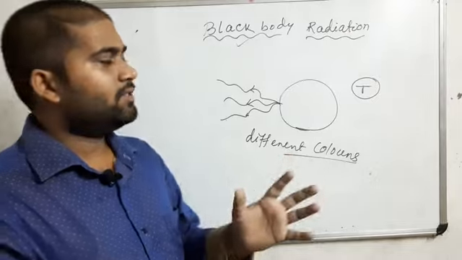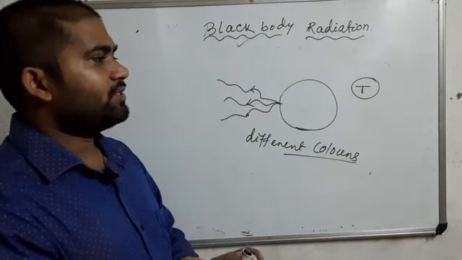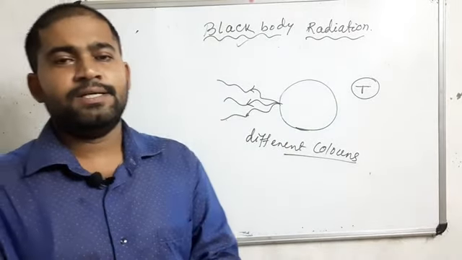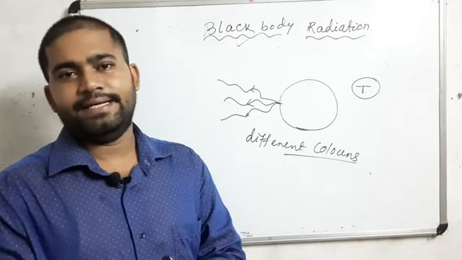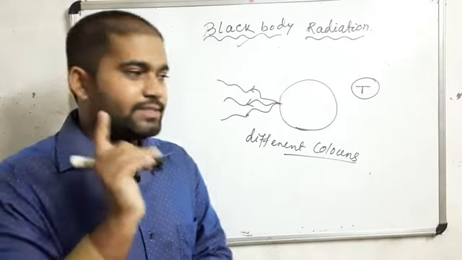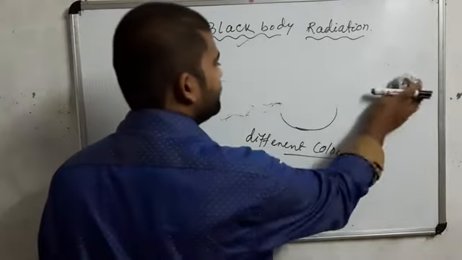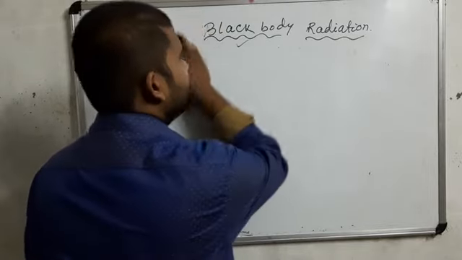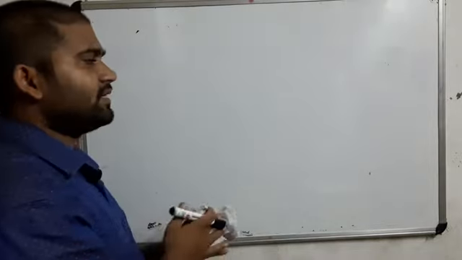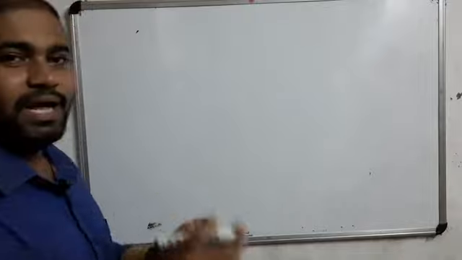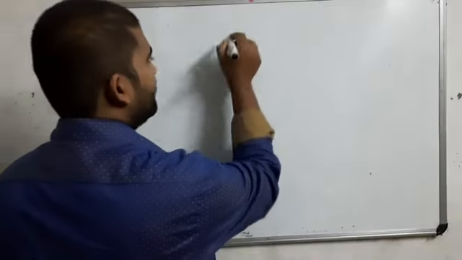In order to understand the concept of black body radiation, the scientist Ferry designed a black body in the laboratory.